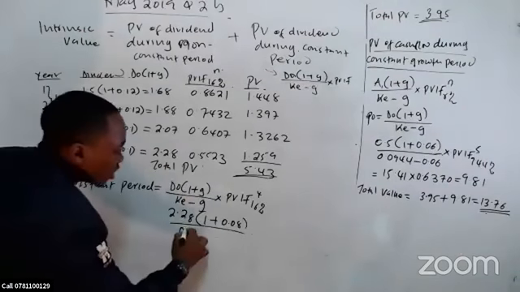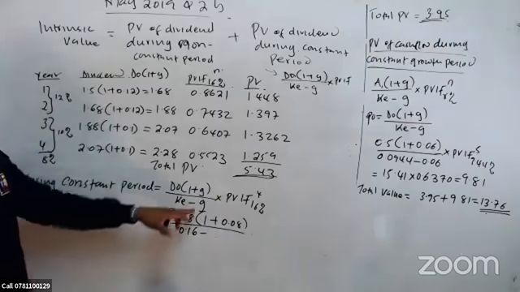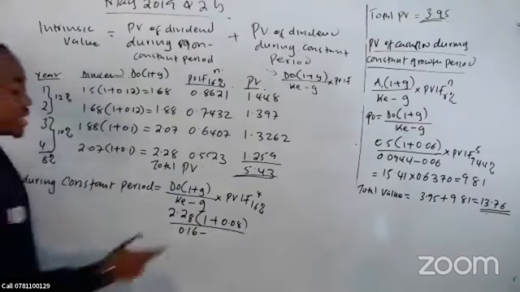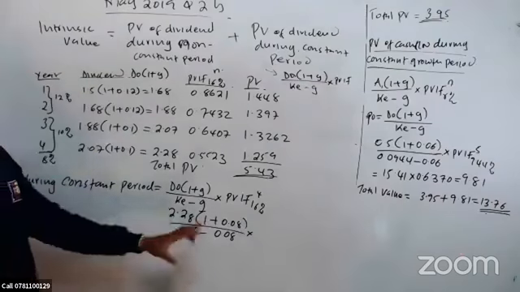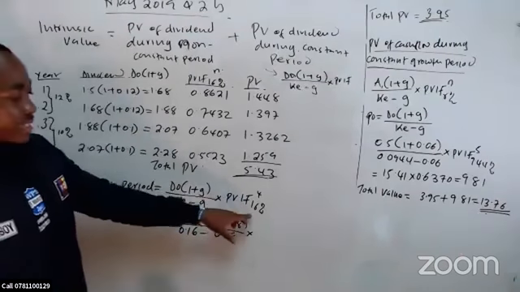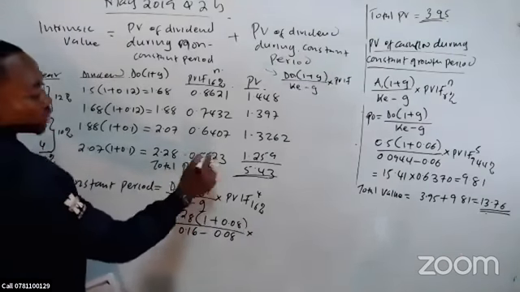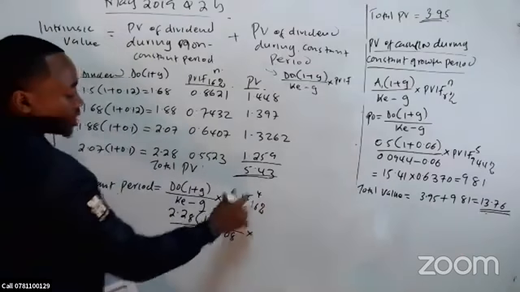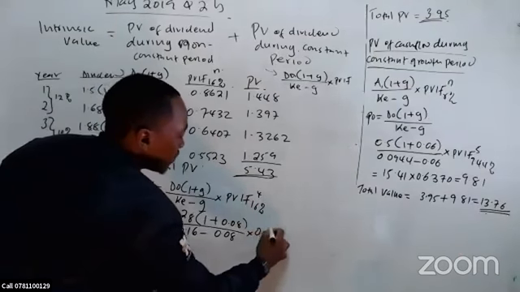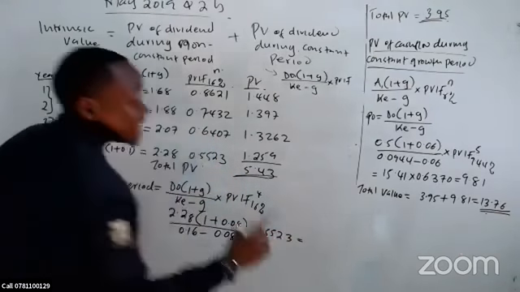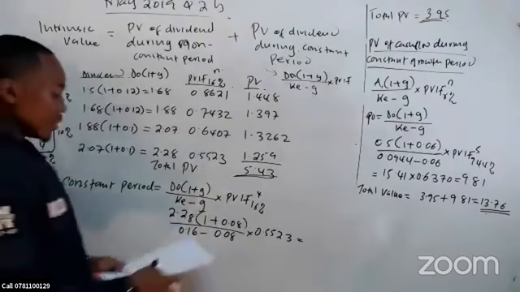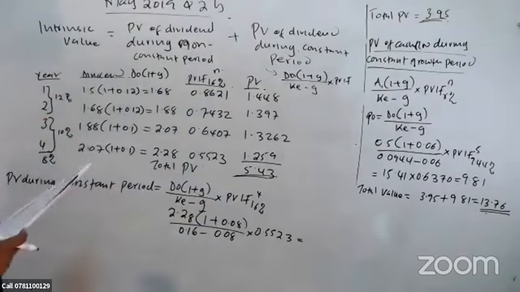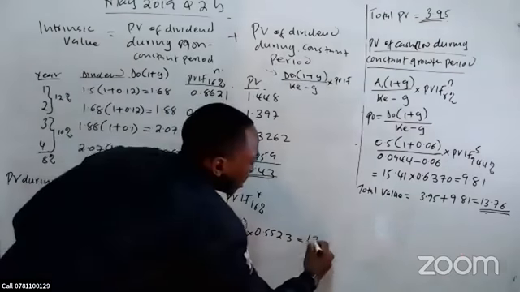So you take 0.16 minus the growth rate, and the growth rate is 8%, 0.08. What you get there, then you will discount at 16% for year 4. That's 0.5523. And it's not an annuity. Don't use the annuity. Just use this for the single amount. In that case, you'll get 17.